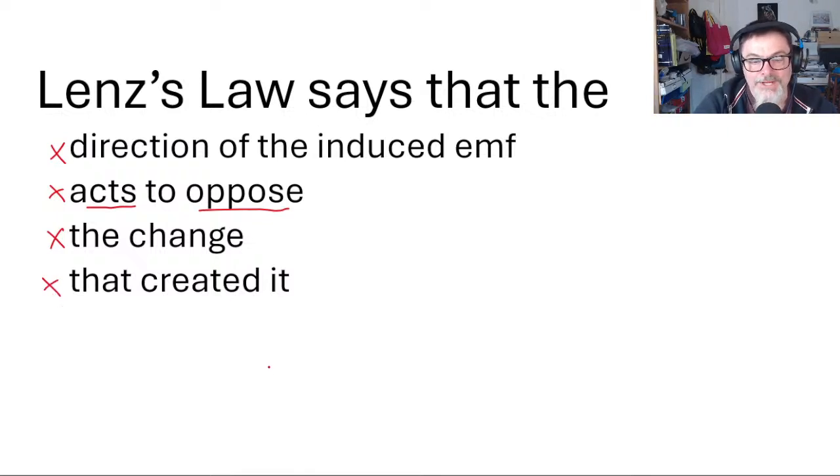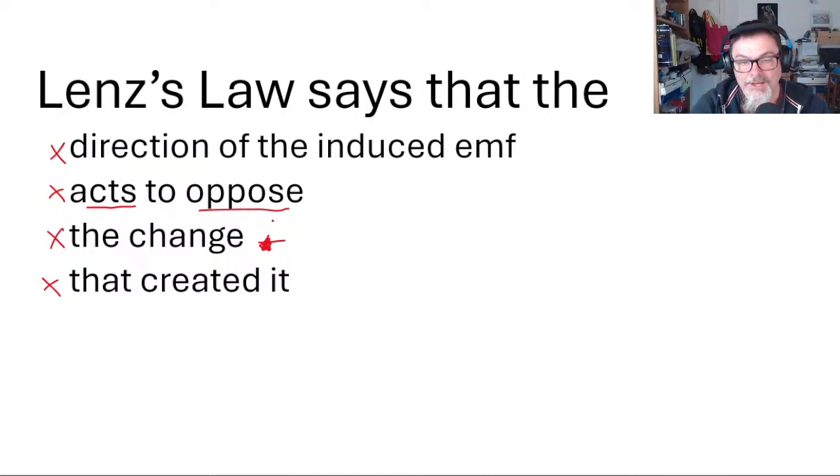Now the hard part is to try to work out sometimes what is the change that actually created the EMF in the first place. So we're going to do some examples of that. What you have to do is imagine stepping back into the situation you have. So what actually caused the change?